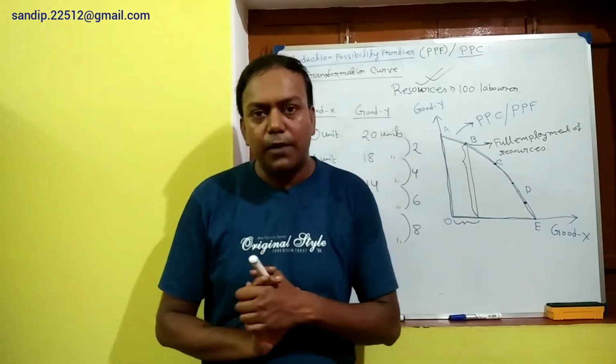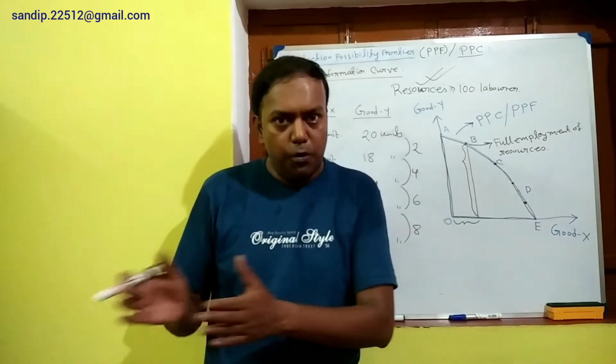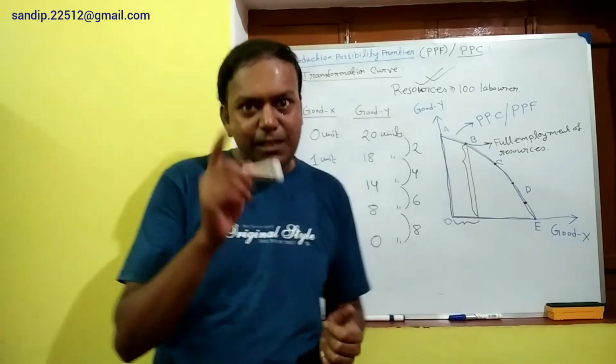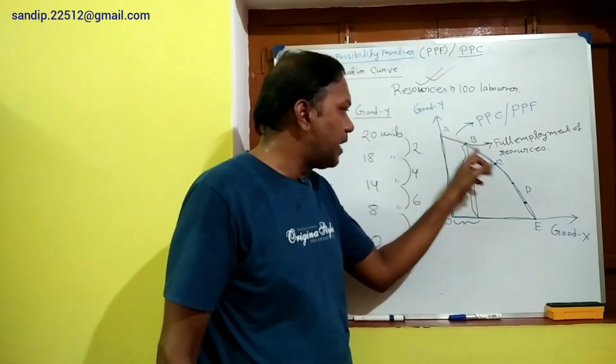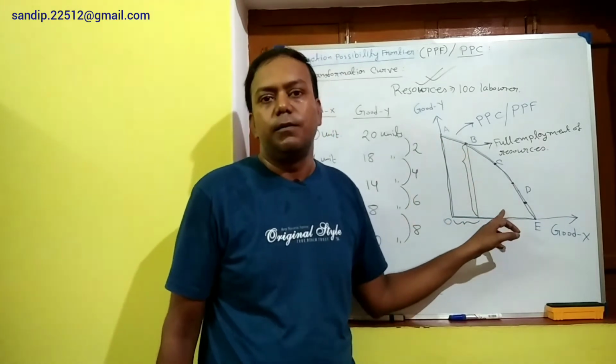So in that case, what will happen? All the resources of the producer will get utilized. So that 1000 units will always indicate any point on the PPC on the graph.